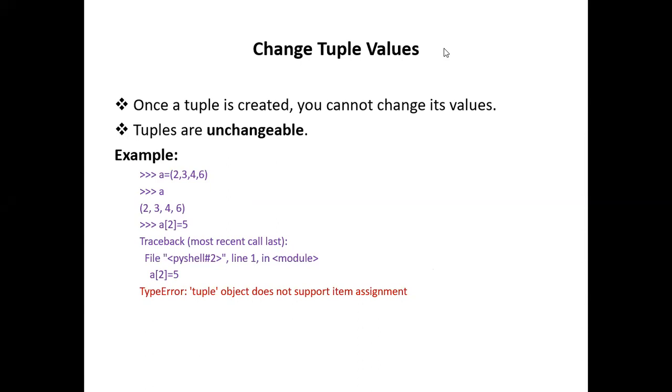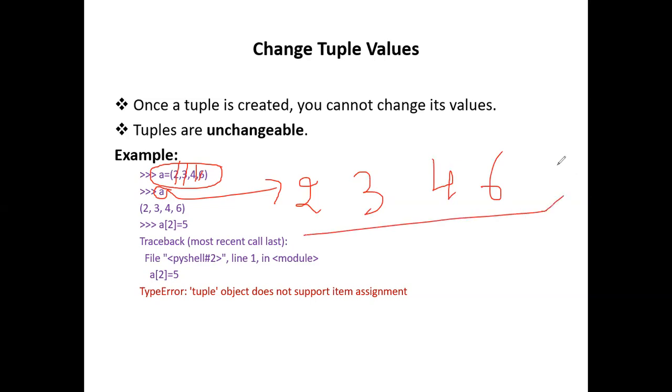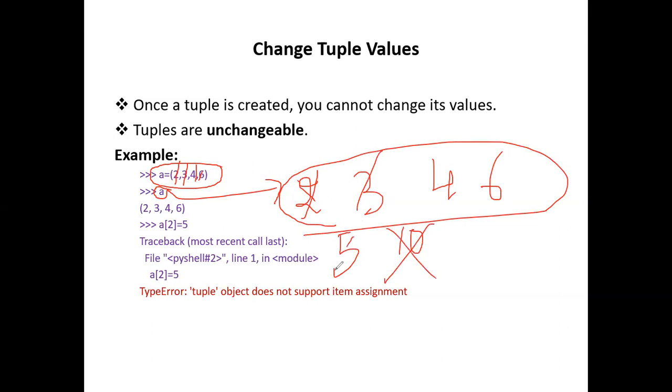Once you create a tuple, you cannot update any value. Tuple name is A. A contains 2, 3, 4 and 6. Always it is fixed. You cannot change 2 with 5. You cannot change 3 with some other value like 10.